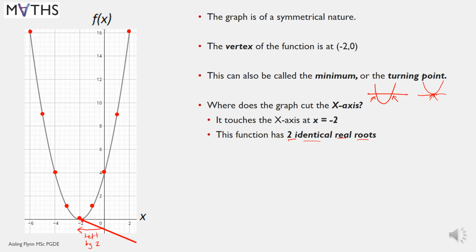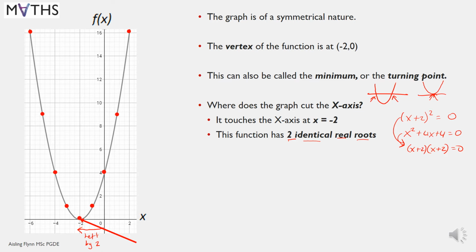And we can get that algebraically. If you remember, we had x plus 2 squared equals 0. We also had the expanded version, x squared plus 4x plus 4 equals 0. And both of those would give us this. If you factorize the expanded version, like we did when we did quadratic equations, you're going to get x plus 2 by x plus 2, which is of course x plus 2 squared.